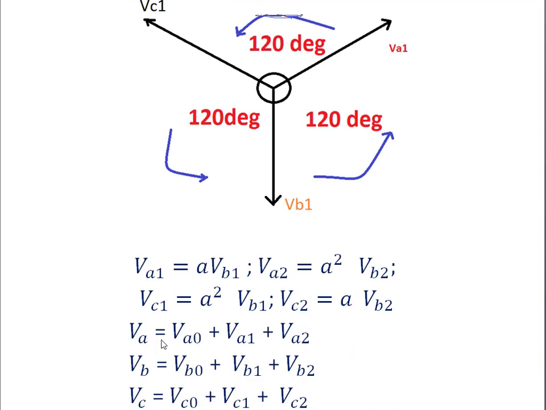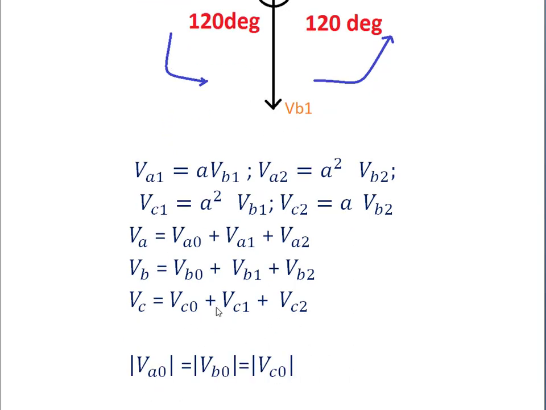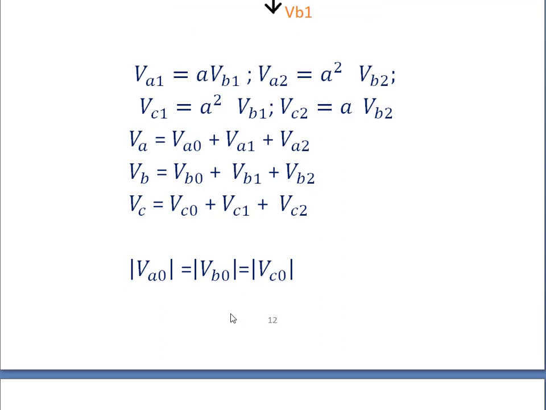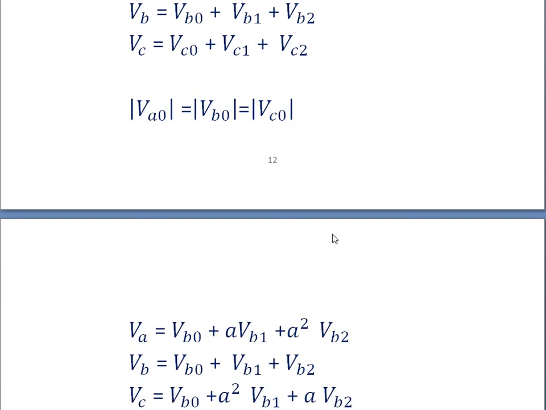So look at this. VA is equal to VA0 plus VA1 plus VA2, VB is equal to VB0 plus VB1 plus VB2, VC is equal to VC0 plus VC1 plus VC2, and the zero phase sequence components have the same magnitude, no phase angle between them, that is zero phase angle, and they are stationary. So we write VA0 is equal to VB0 is equal to VC0.